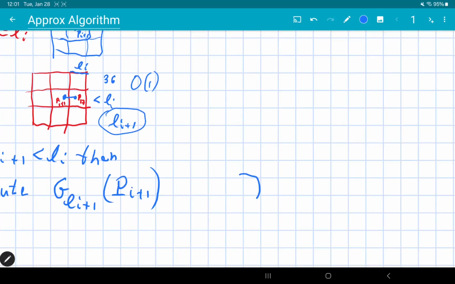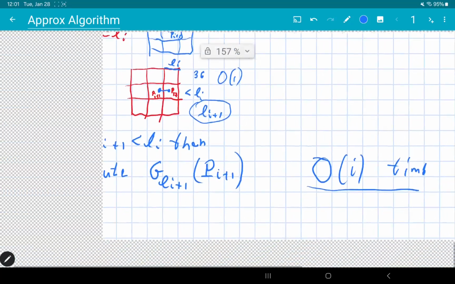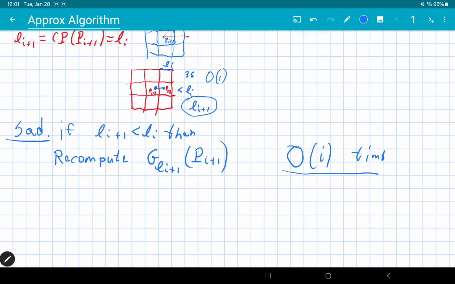That's going to be expensive. That's going to take O(i) time. Very sad. Okay? So naively, what's the running time? But the nice thing is at the end of this algorithm, we inserted the point Pn, and we got the closest pair distance. So this algorithm works, right?